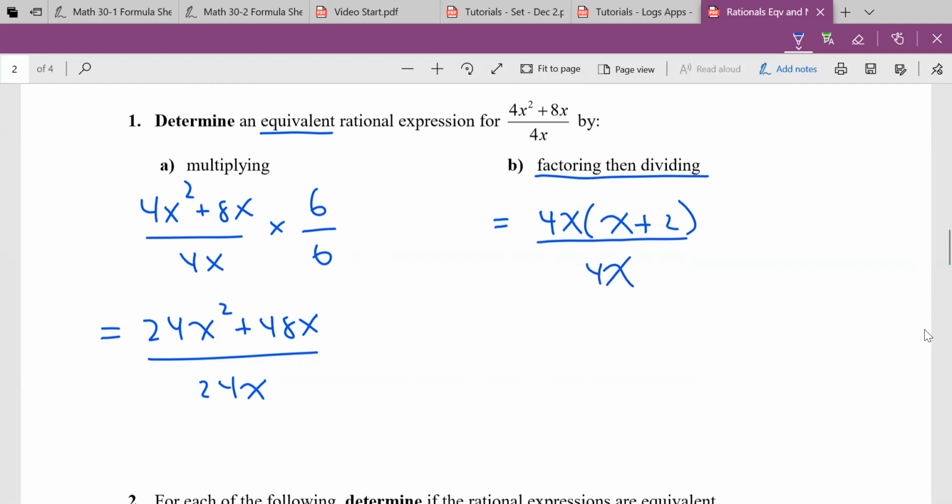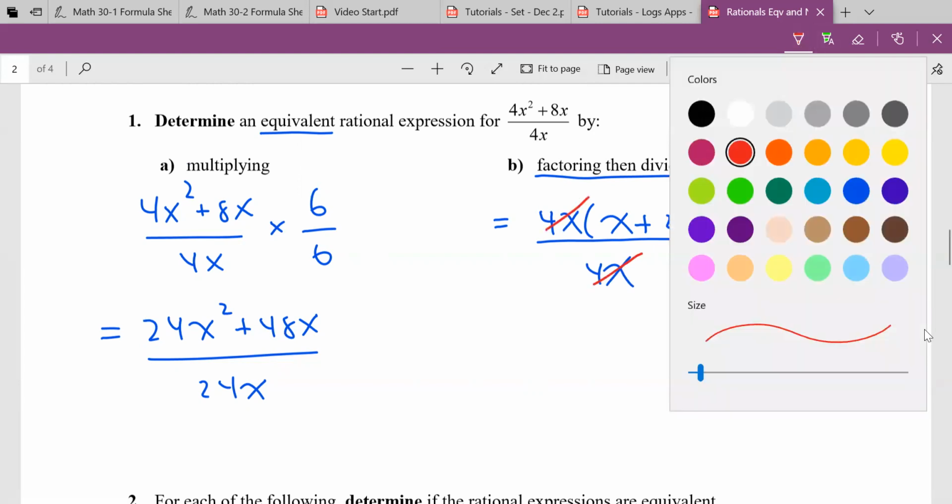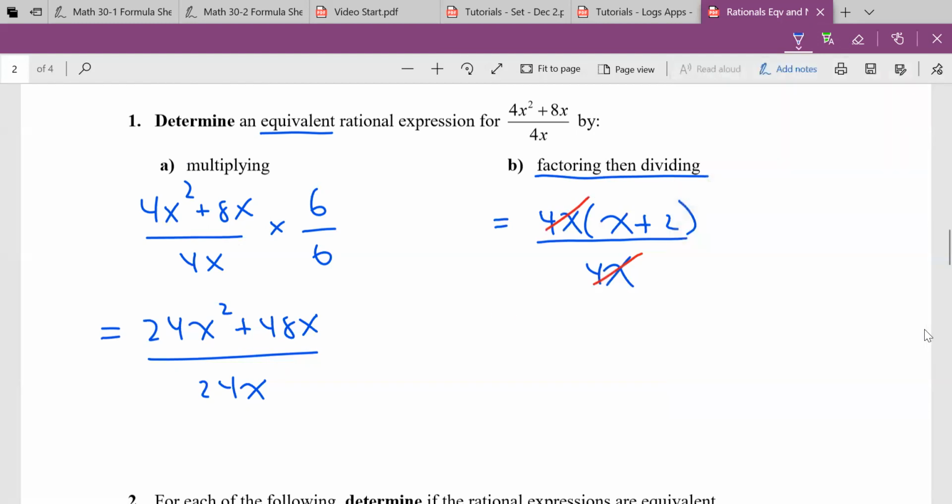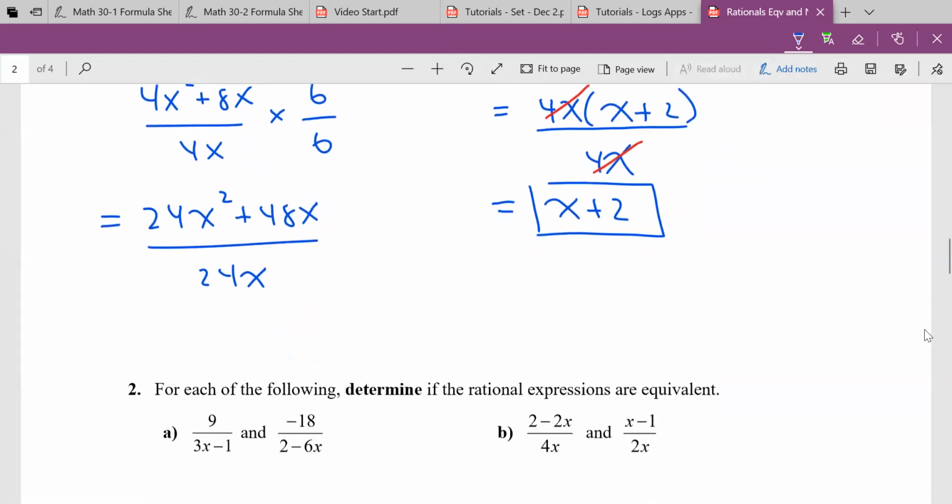Can't factor anything out of the denominator. And now 4x divided by 4x is 1. So those can divide. And what am I left with? x plus 2. That is equivalent to the expression that we began with. So this is the process that we will go through in this unit to find equivalent fractions: factoring, then dividing.